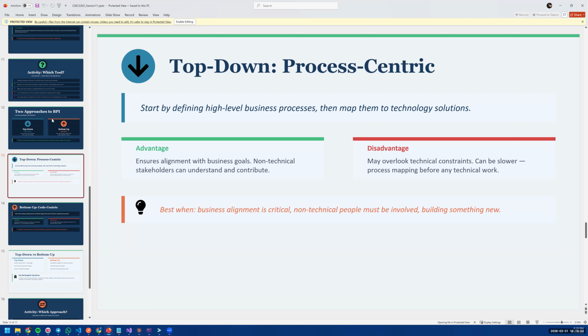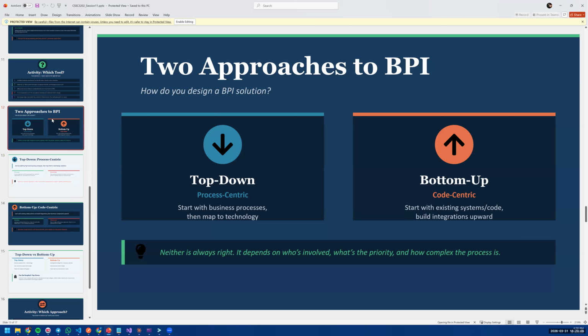Okay. Tariq, welcome. What we're talking about today is the two approaches to business process integration: the top-down process-centric approach, and also the bottom-up code-centric approach.